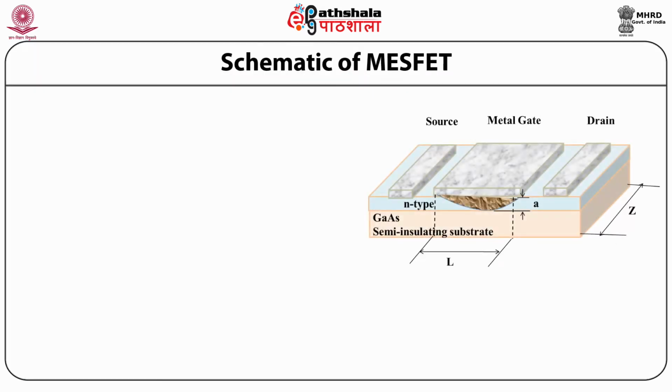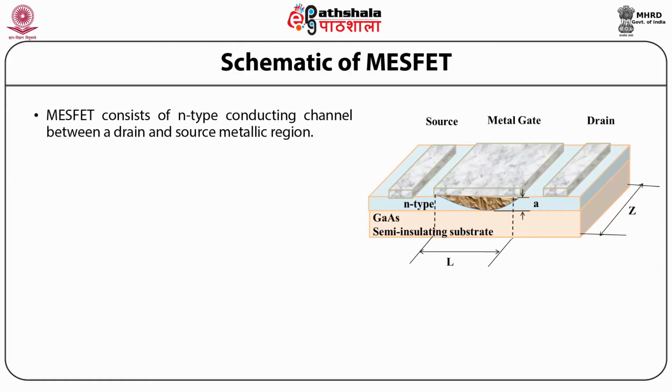Schematic of MESFET. Metal semiconductor field effect transistor is MESFET, and the figure over here shows the schematic diagram of MESFET. MESFET consists of a thin layer of N-type semiconductor on a semi-insulating substrate.